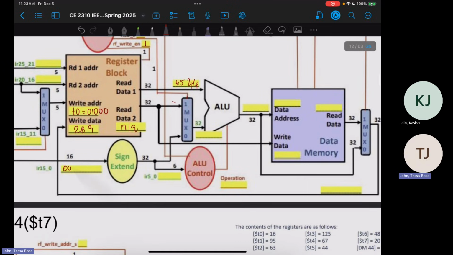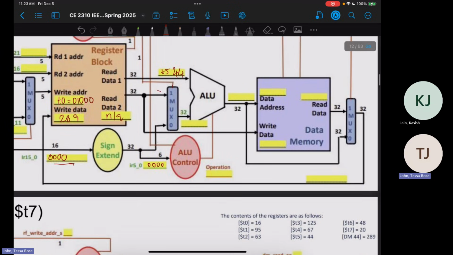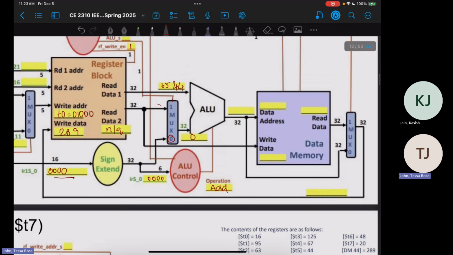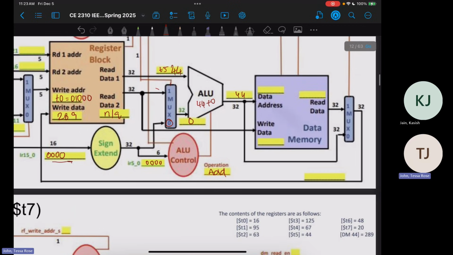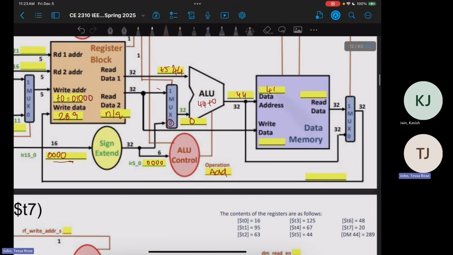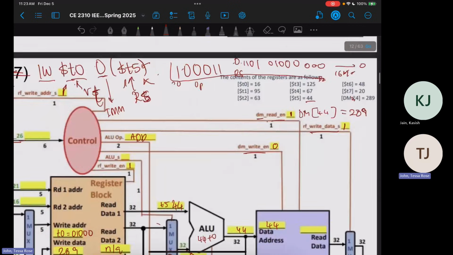So the 16-bit is just 16 zeros here. So this is again just zeros. And our operation is add. So it's 0, so we're adding nothing. So we're adding 44 to 0. And when you do 44 plus 0, it's just 44. So that's the data address, which is here. We got this one, right?